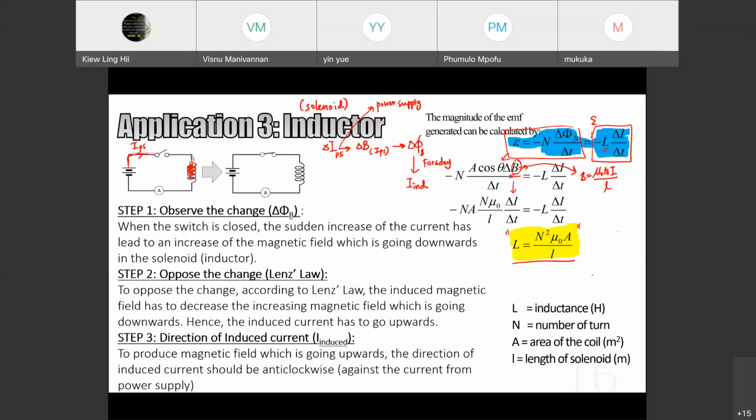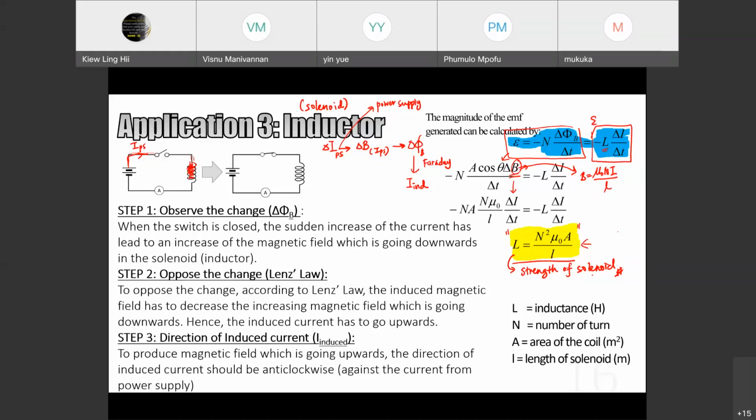Inductance refers to the strength of the solenoid, only applicable to this electromagnetic induction. How to derive inductance is in your syllabus, which means you have to know how to derive. We will go through this in our tutorial workshop later also.